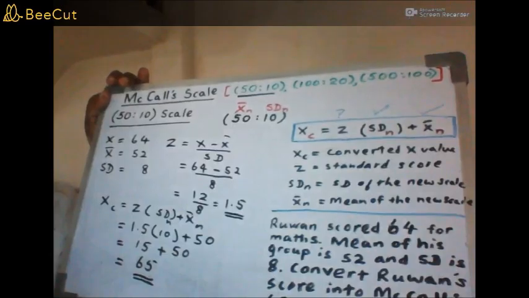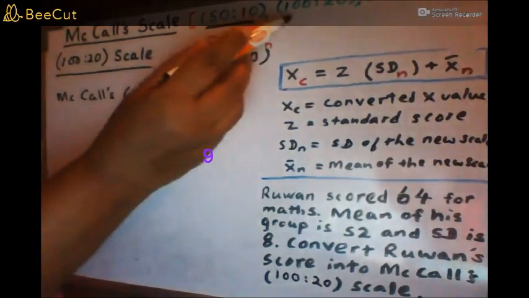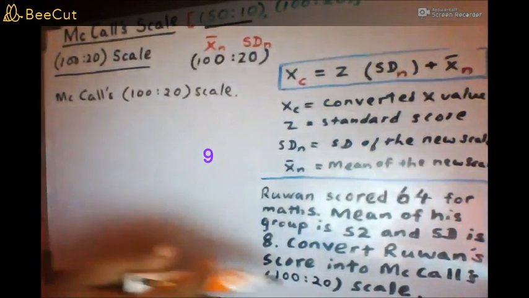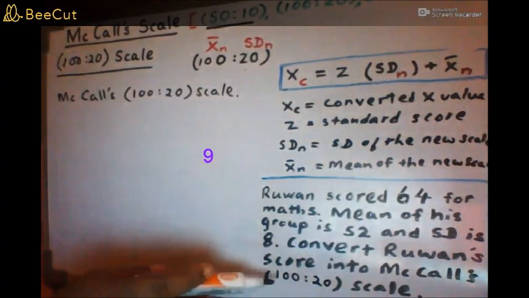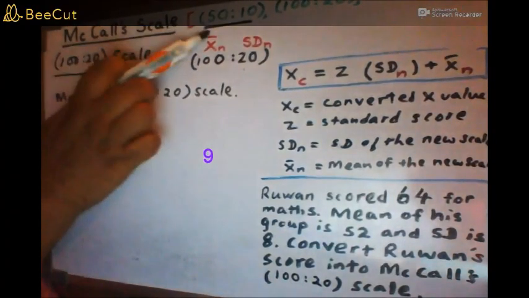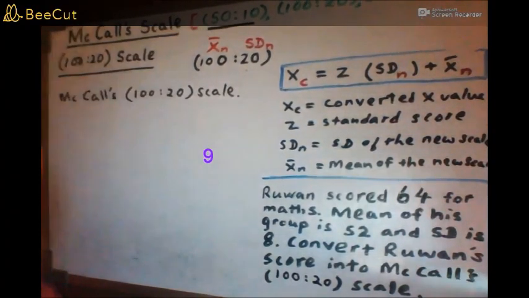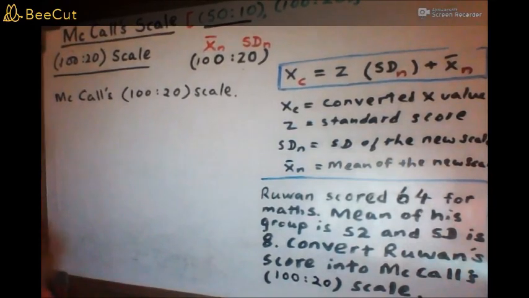The next one is the Hull scale. Before we go to Hull scale, we do one of these also, that is, convert Ruan's score into McCall's 120 scale. Now we did 50, 10. Now we are going to do 120. It's the same, right?